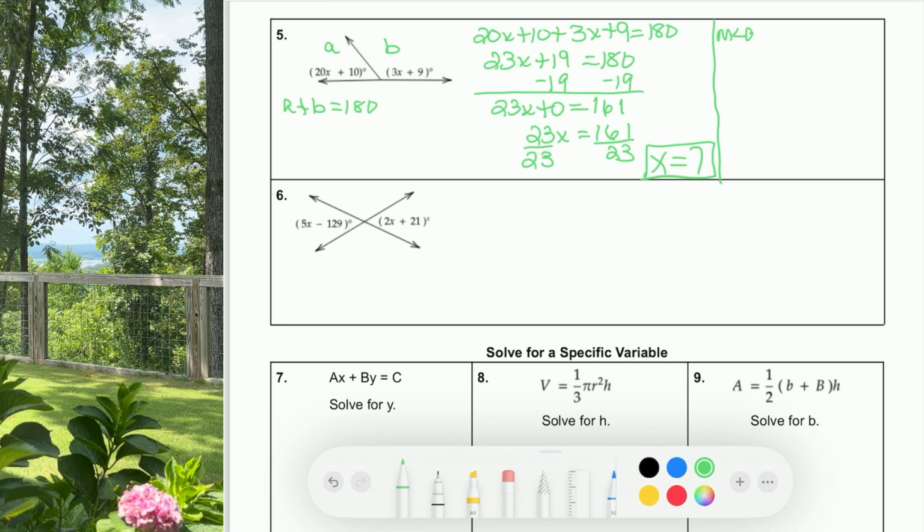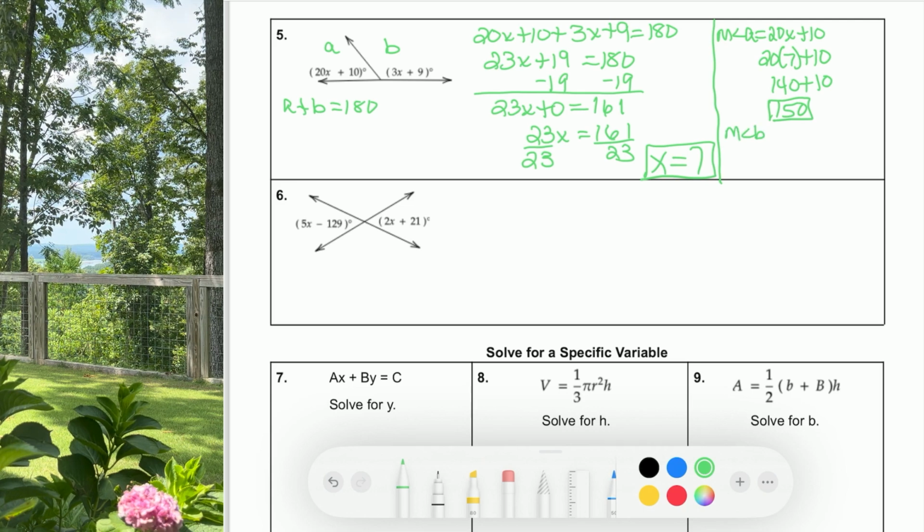So the measure of angle A equals 20x plus 10. So let's plug in our x. 20 times 7 plus 10. I get 140 plus 10, and I get 150 for my measurement.